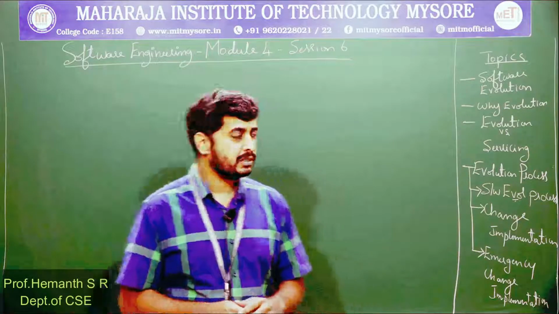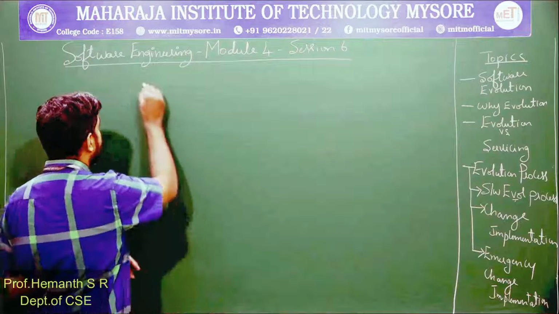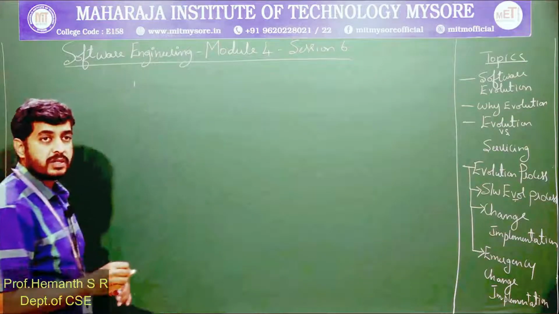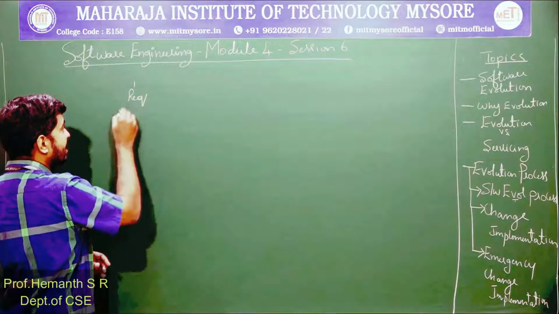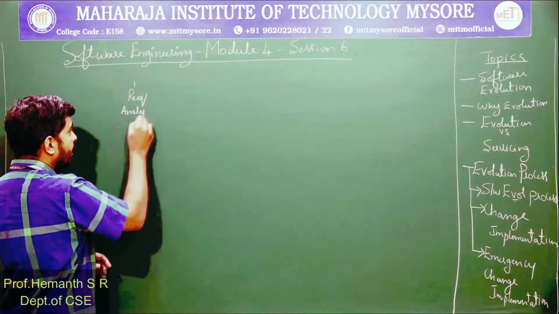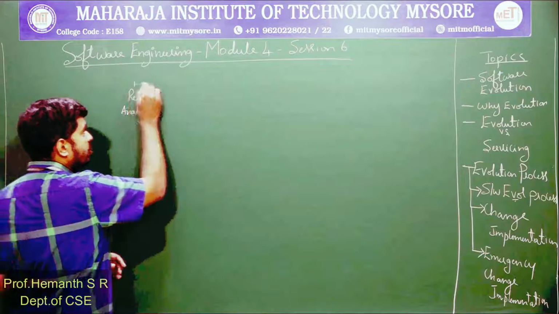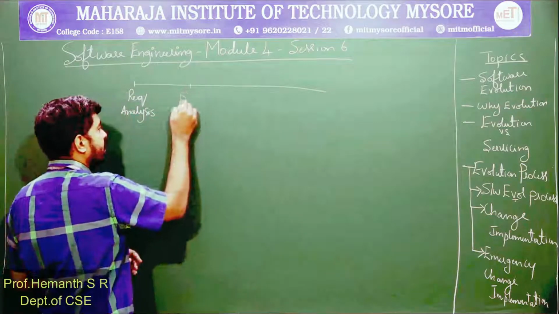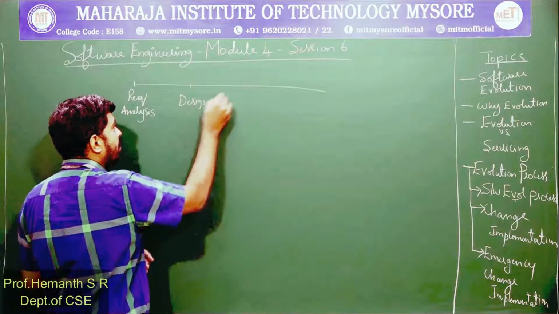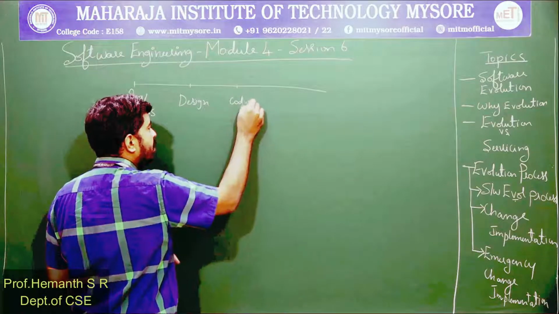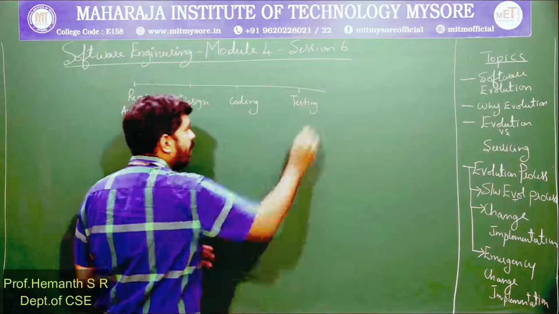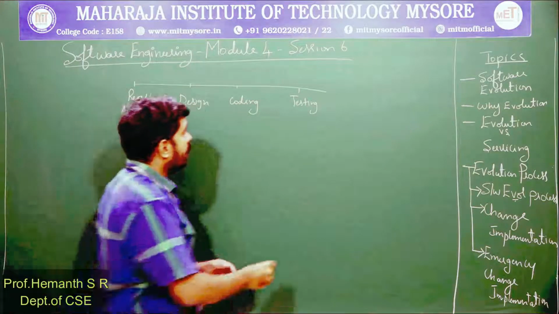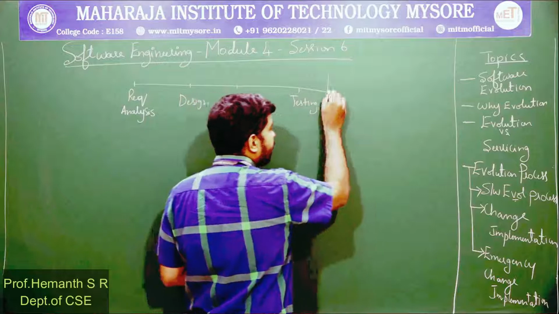So the point here is, we understood the life cycle of software. It starts with requirement analysis. Next it is the design, coding, testing, and once done with this, the software product will be given to the client.